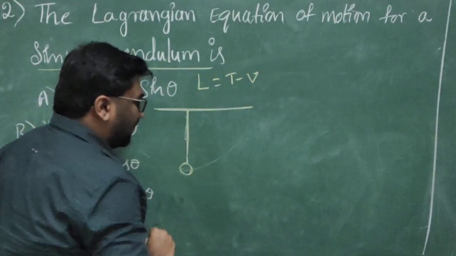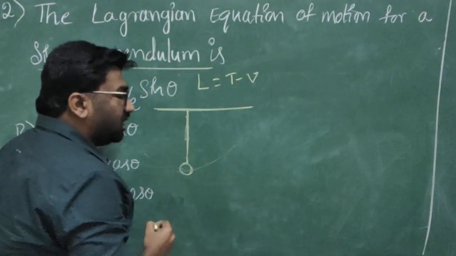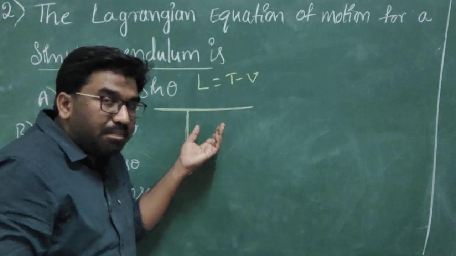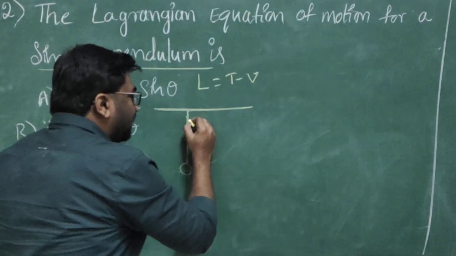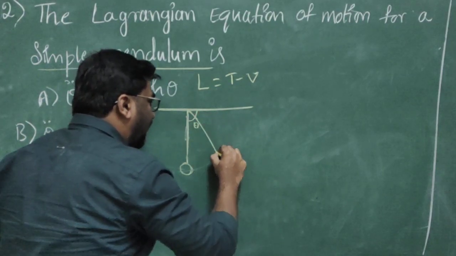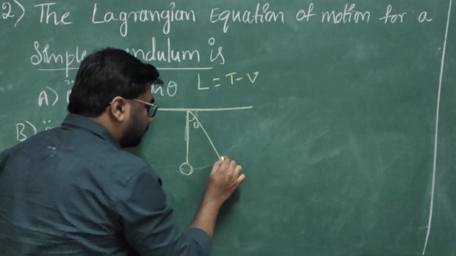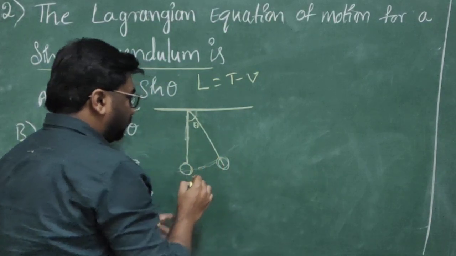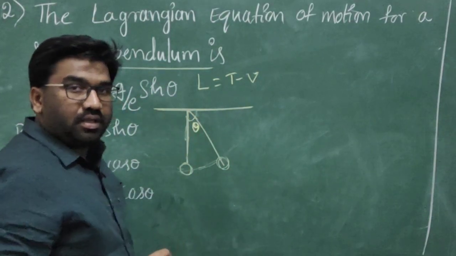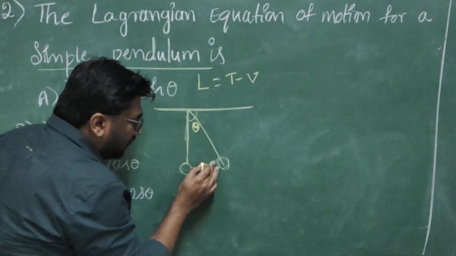So when the bob is connected, let us consider an angular displacement of the bob of the simple pendulum as theta. Okay, that means it has some angular displacement theta.